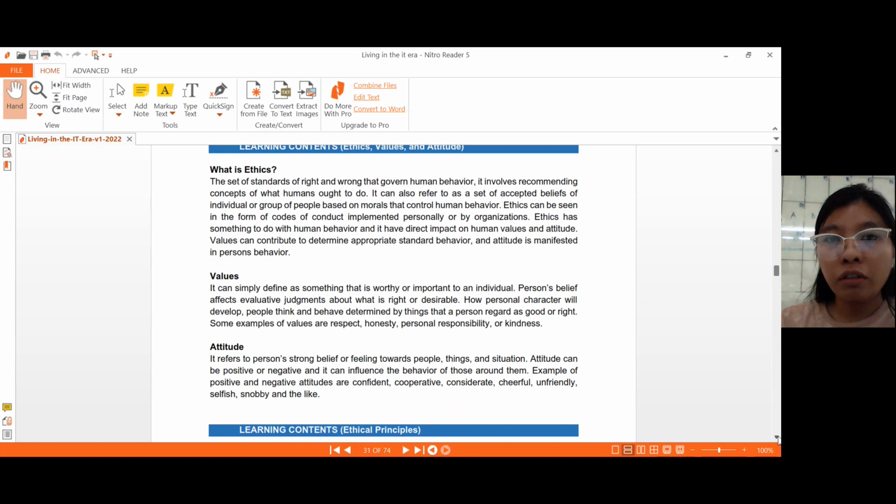Pero when it comes to information technology na subject natin, living in the IT era, syempre, ang mga may kinalaman sa ethics, yung mga privacy ng isang tao, yung sa piracy, yung sa plagiarism, or etc. Anything or any activities or offers ng internet.